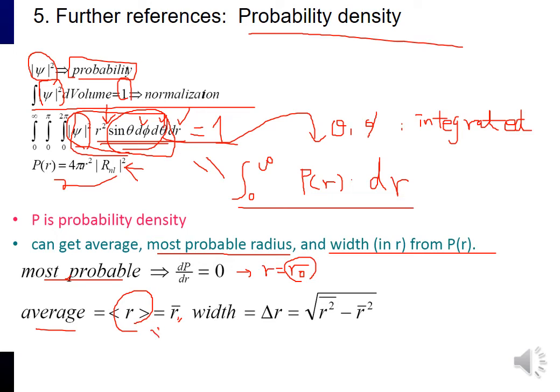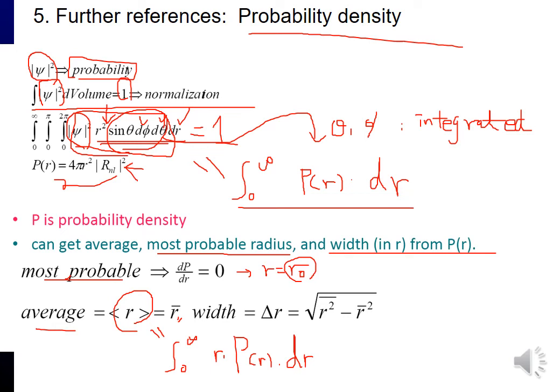Then this one is actually like this, the same with P(r) dr, just for your reference. You won't get any homework problem or final exam problem related to this, but you will see it in research papers.